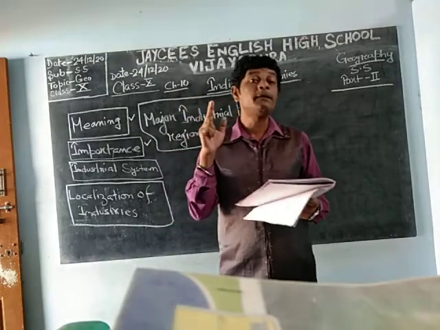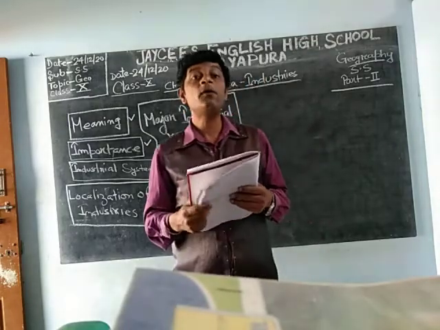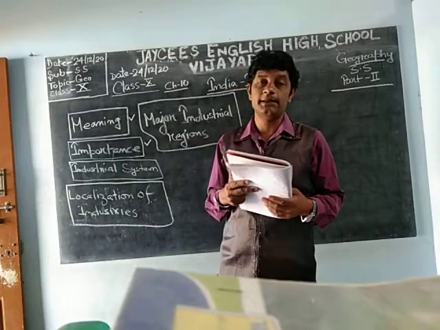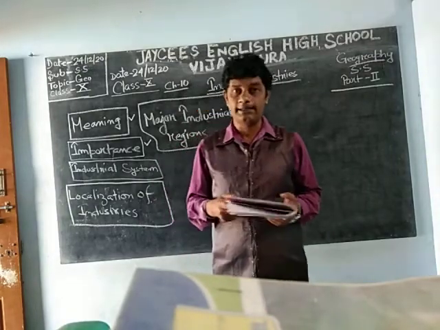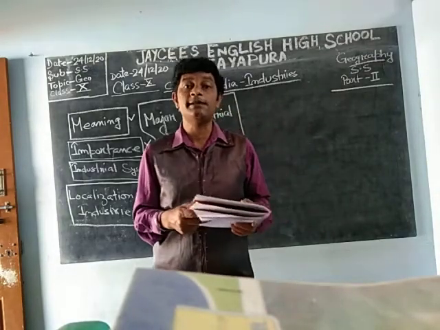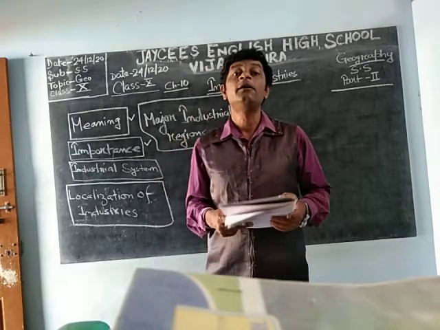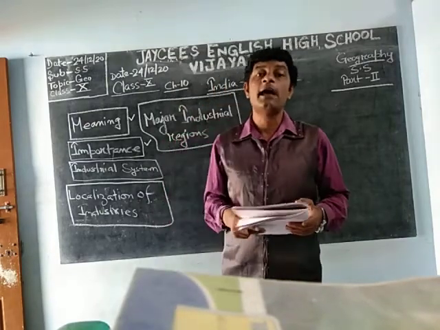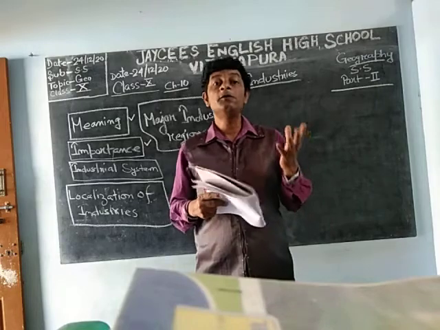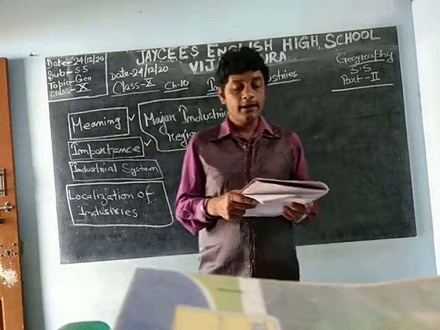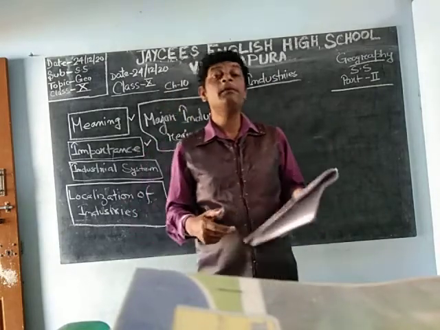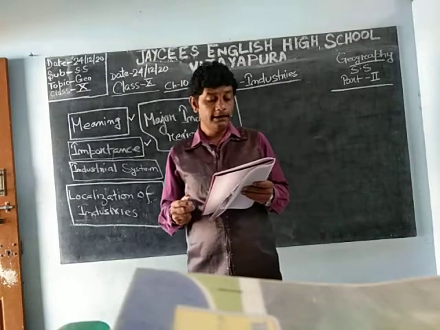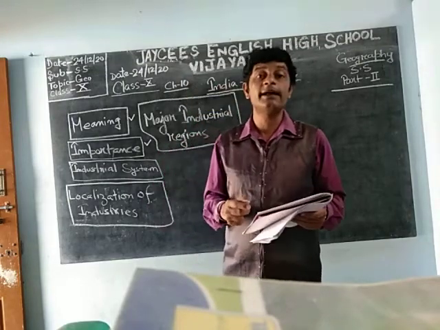There are 4 types of industries, and we should know about them. Now we all know that an industry is the place where raw material is processed to get the output, known as goods or commodities. Now we will study the different types of industry.